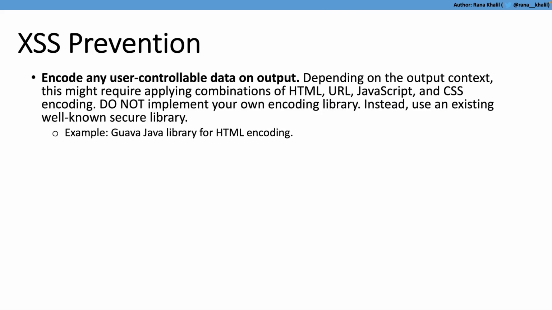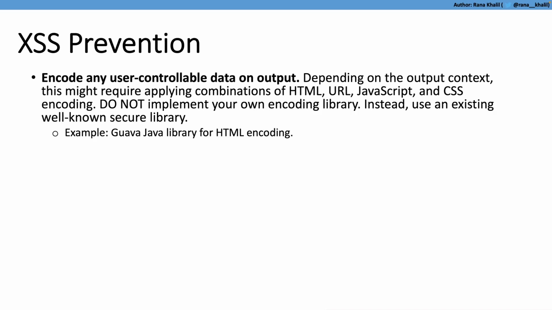The first and official defense to preventing cross-site scripting vulnerabilities is to encode any user-controllable data on output before it's displayed on the page. This ensures the user-supplied input is displayed safely as data versus as part of the client-side code. Now, this type of encoding you do is context-dependent.